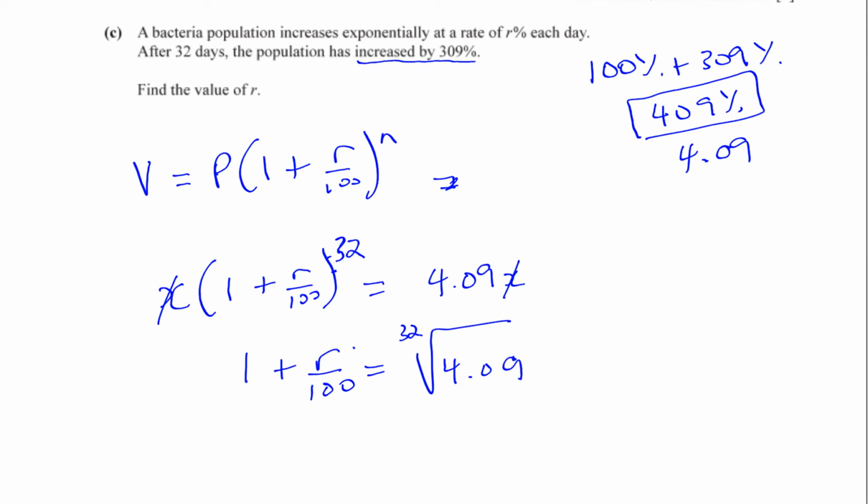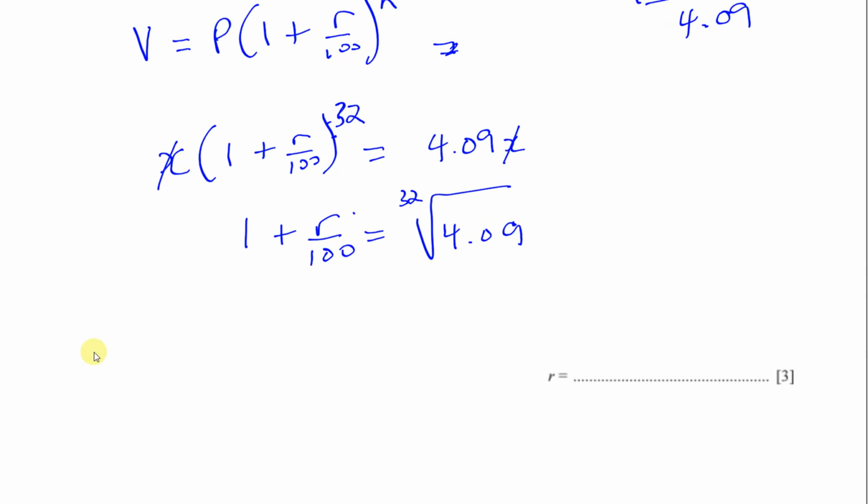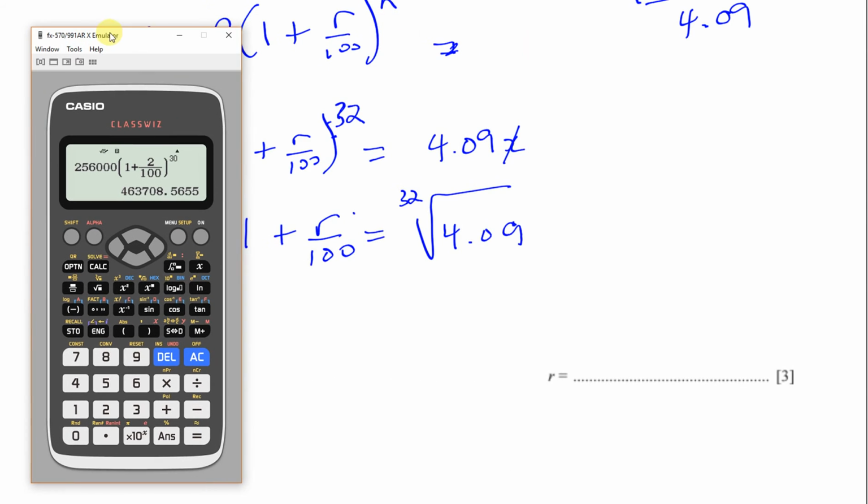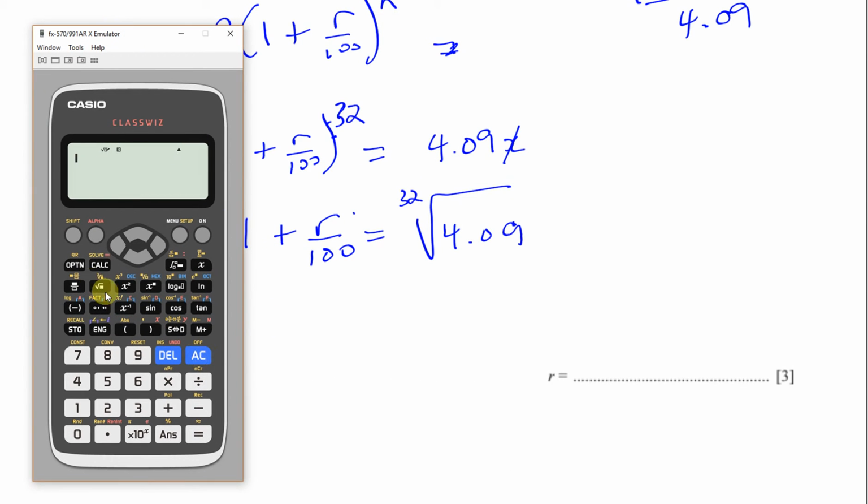Now what will that give us? We have the 32nd root of 4.09. That gives us 1.045 followed by lots of zeros.